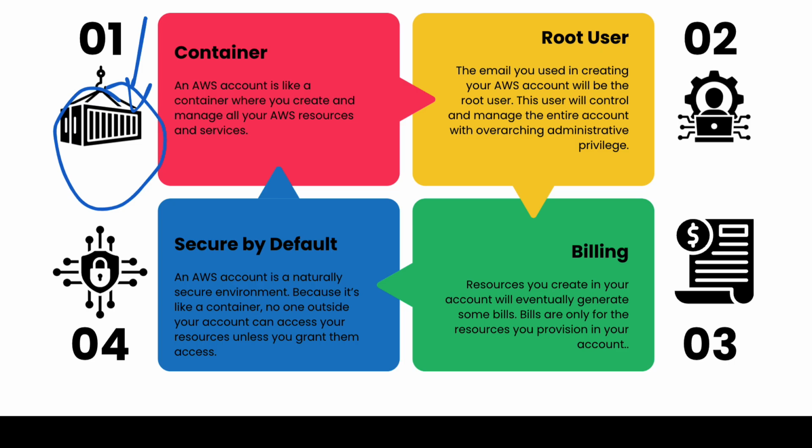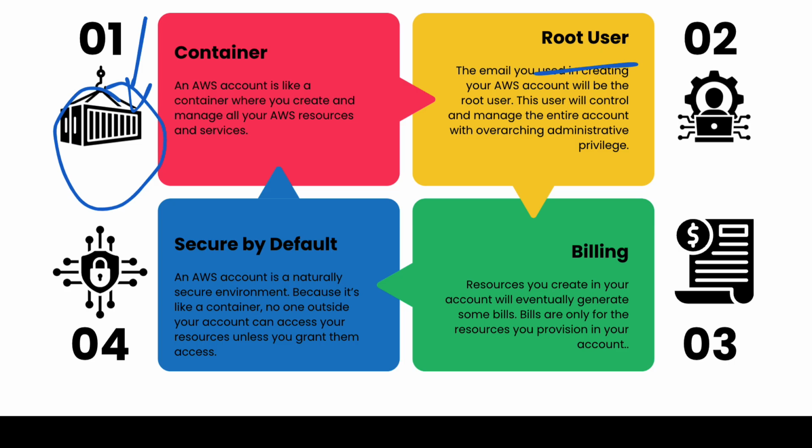The second thing you need to understand is the email you use in creating the account is going to be called the root user. Now the root user is the person that has the most power in the account. So if you're setting up the account, make sure you use the appropriate email address. If you're setting up for corporate, make sure it's a good corporate email, because if you use your personal email to set up a corporate account, you are inevitably going to be the root user on the account.